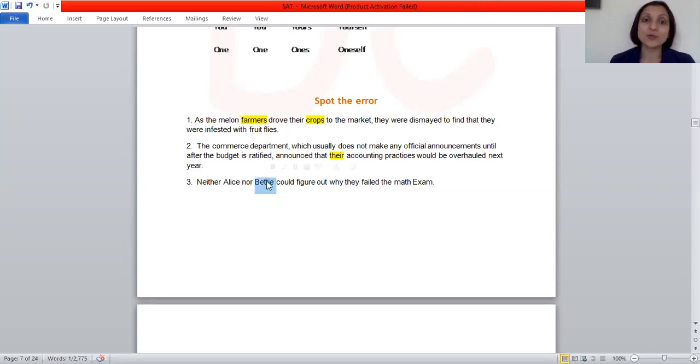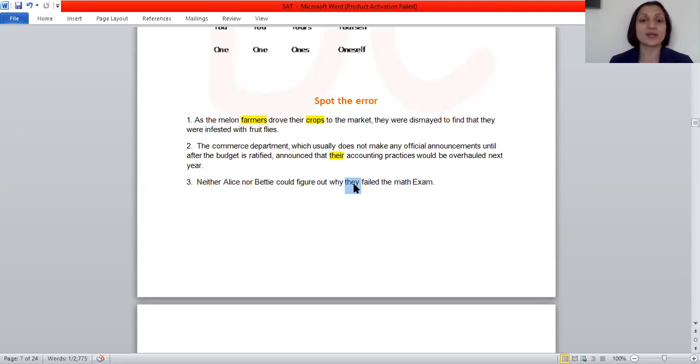Also, if you put "she" over here, the problem will be that "she" refers to Alice or to Betty. We won't know again. So we will write who failed the exam. Neither Alice nor Betty could figure out why Alice, Betty or somebody else failed the math exam. So a name is required, a noun is required in this case.